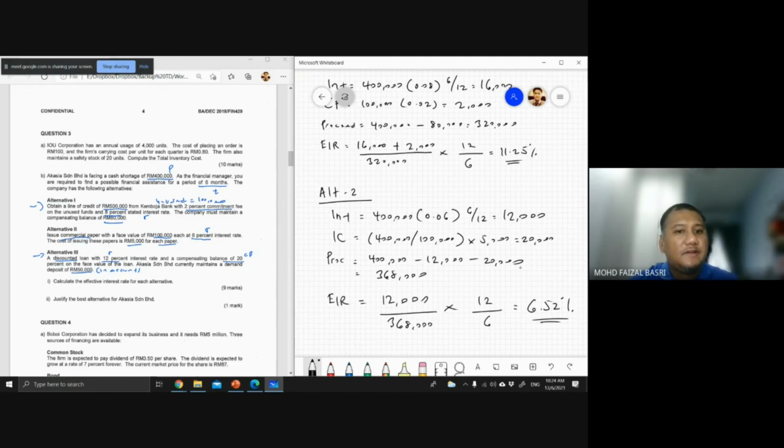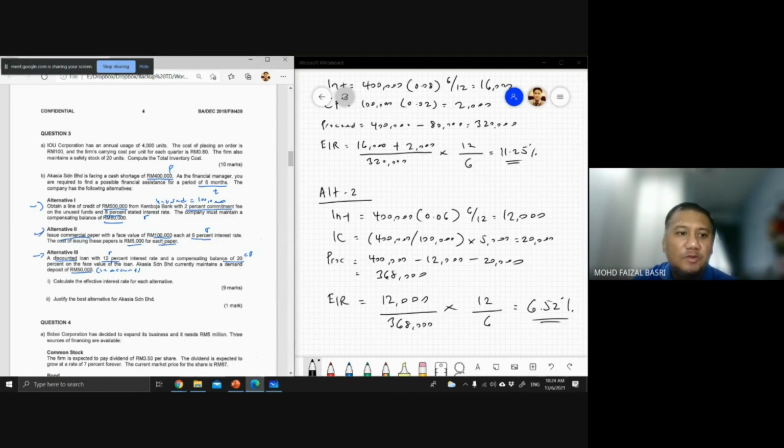Okay, 6.52%. Right in here, alternative 2. So technically our 3B1, okay, calculate the effective interest rate for each alternative, 9 marks, we have done all three.